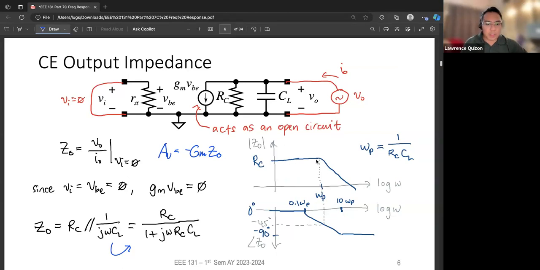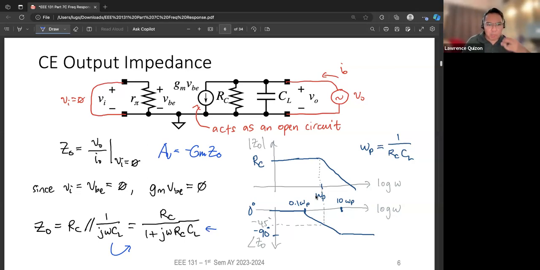So at low frequencies, we have RC, and as it gets higher, we expect it to go down because it has a pole right here. Well, it doesn't matter if it's positive or negative over here. It could be negative again from the lessons, but that only changes the phase response, not really the magnitude response of this system.